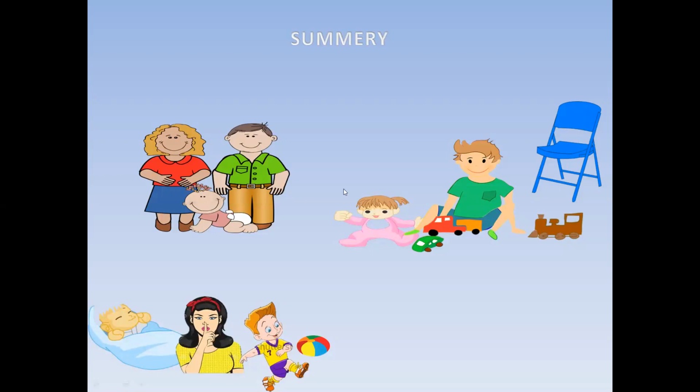So, by using these pictures, guess and tell me what happens. These pictures help you to know what happens, and they help us to give some information about our story.